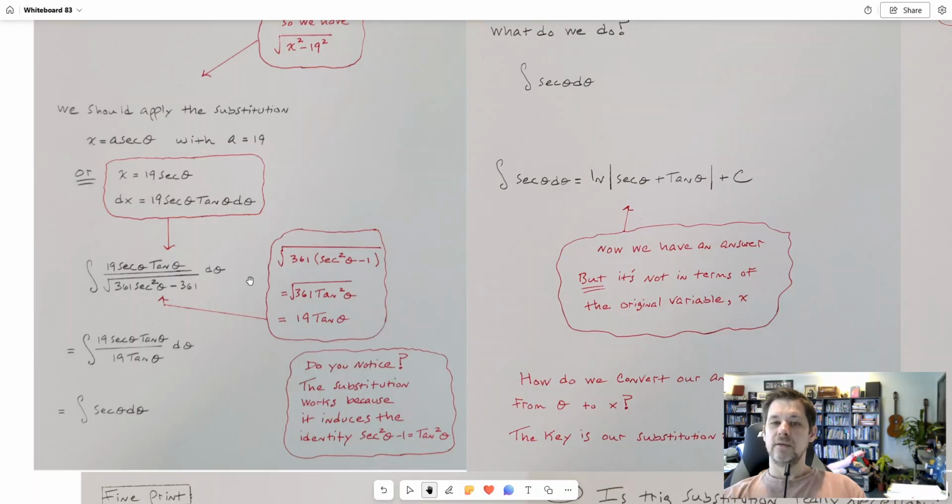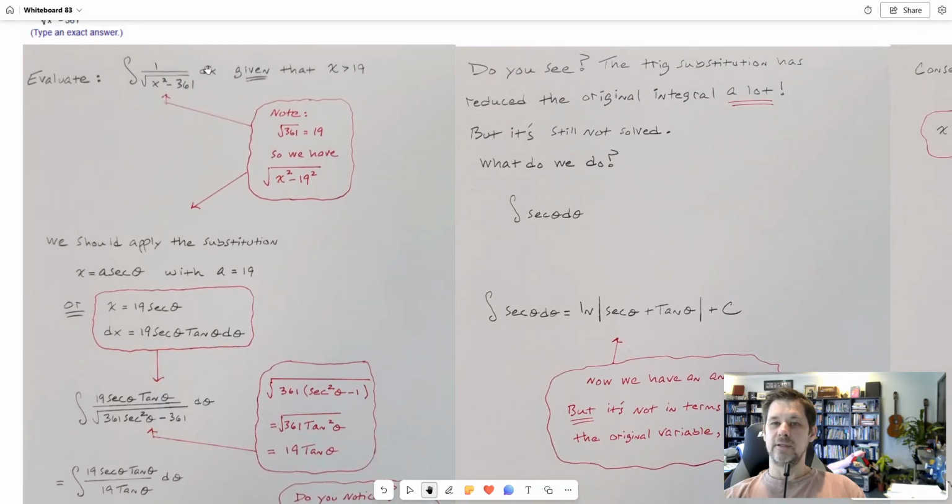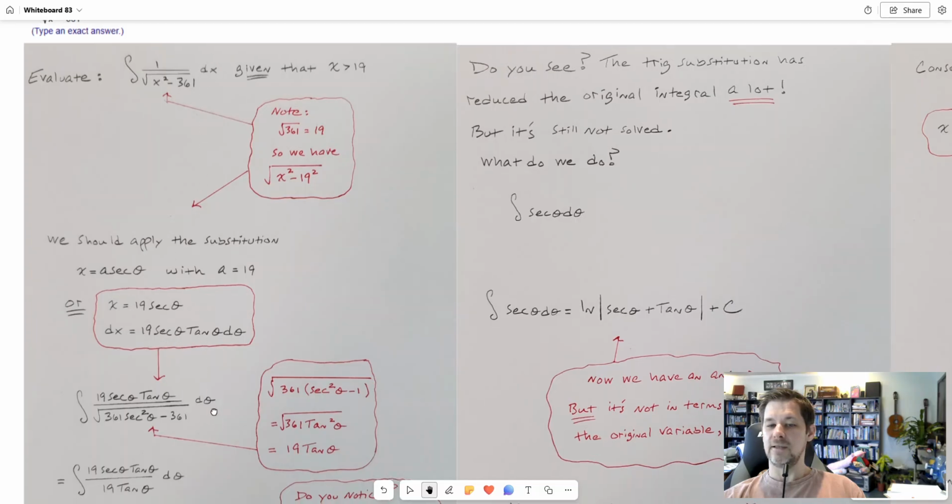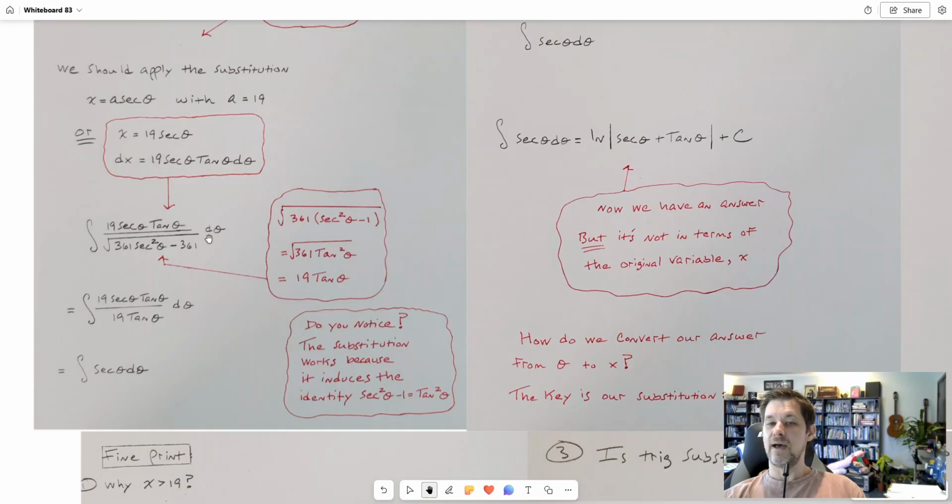Okay, so into this integral here, I make these substitutions. If I substitute that x right there as 19 secant theta, what's that going to look like? 19 squared secant squared theta, so 361 secant squared theta. And then for the dx, I'm going to put 19 secant tangent d theta. And if I do that, that integral we started with becomes like this.